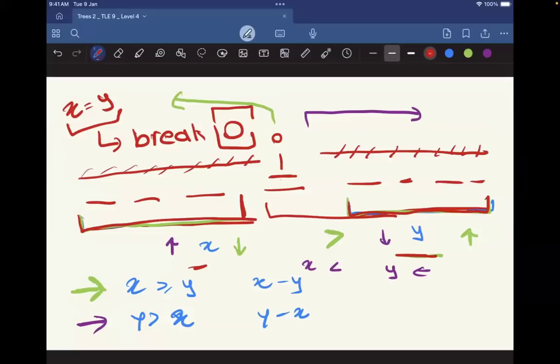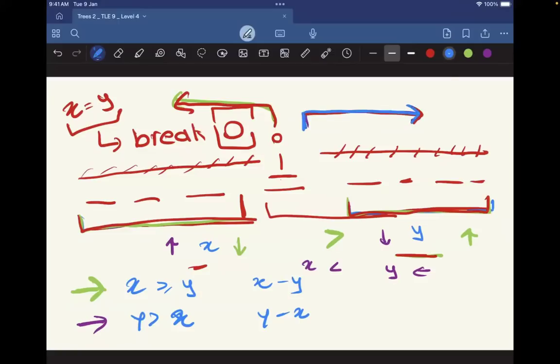Because I want to decrease x's sum and increase y's sum. So do you agree? In that case, I would be going towards the left. I would move my I pointer towards the left. And in the other case, I would move my I pointer towards the right.